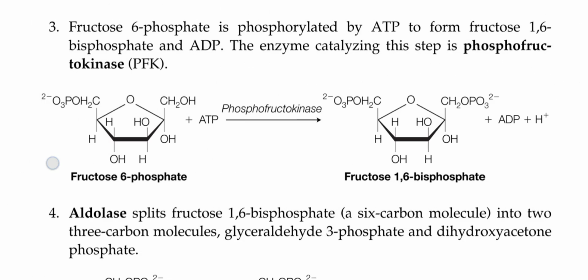The third reaction of glycolysis is the conversion of fructose 6 phosphate into fructose 1,6 bisphosphate, and this reaction is catalyzed by phosphofructokinase. This is also an irreversible reaction. In this reaction, another phosphate group is added at carbon 1 of fructose 6 phosphate and it becomes fructose 1,6 bisphosphate.